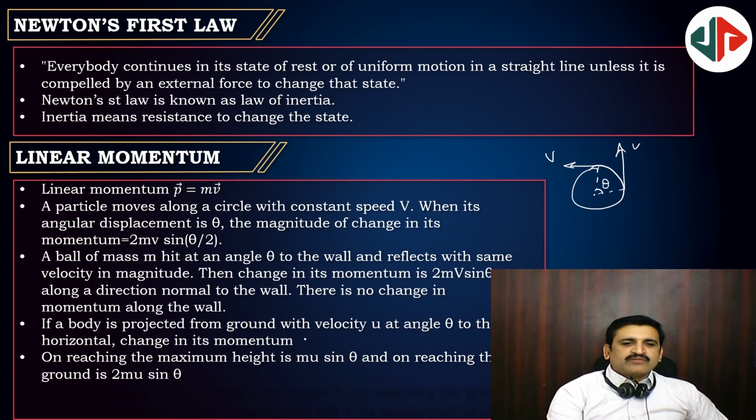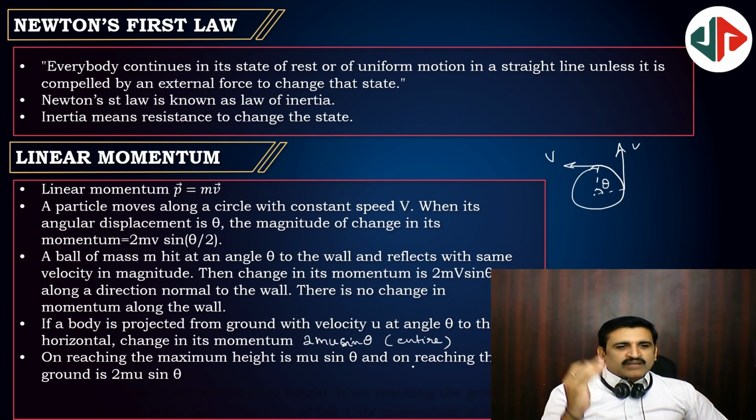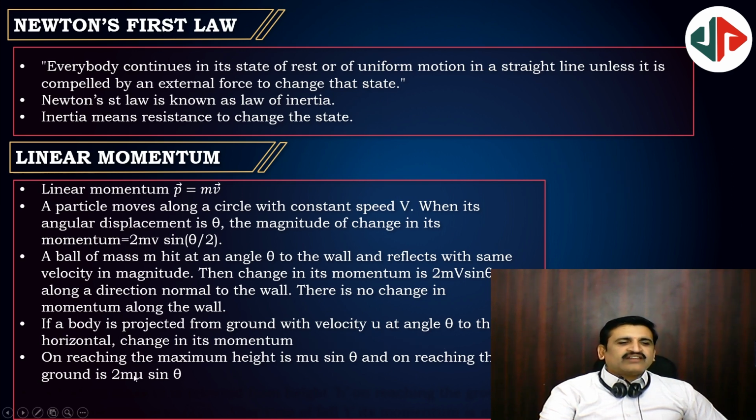Change in momentum will be 2 mu sin theta only for the entire motion. For bottom to the topmost point, just mu sin theta, because it is going to become 0 at the topmost point. On reaching the maximum height, mu sin theta, and on reaching the ground, 2 mu sin theta. It's already typed, but actually it's a single point typed as 2 points.